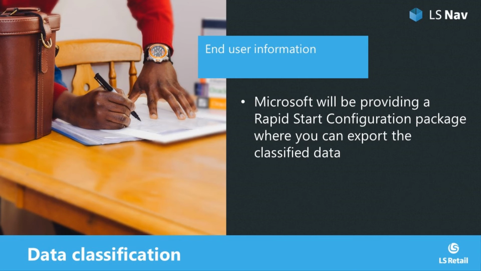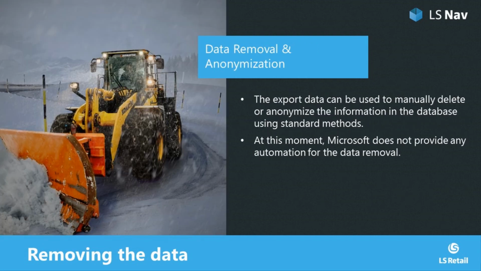Every company in the EU dealing with data subjects has to have a strategy on how to report this information to the customer. Under GDPR, a data subject has the right to request the data controller to delete the personal data.